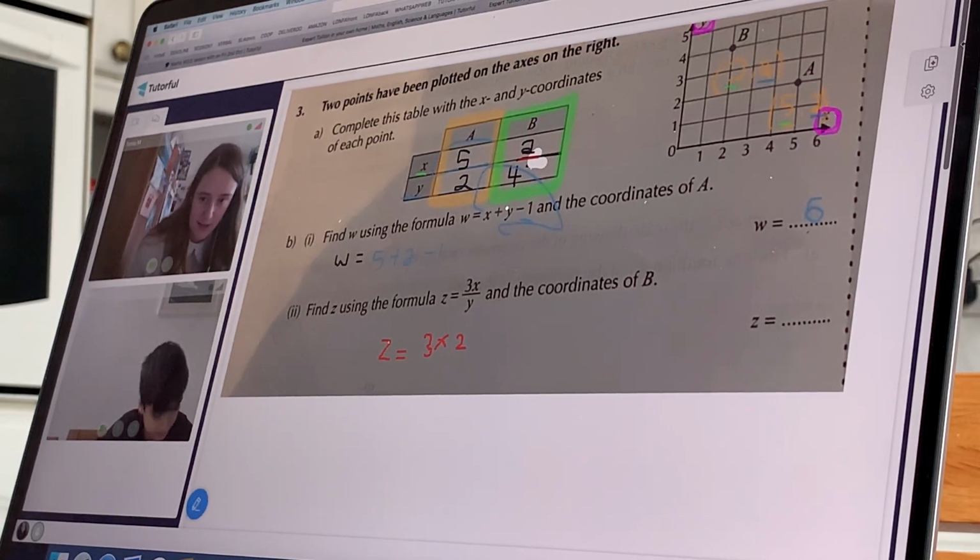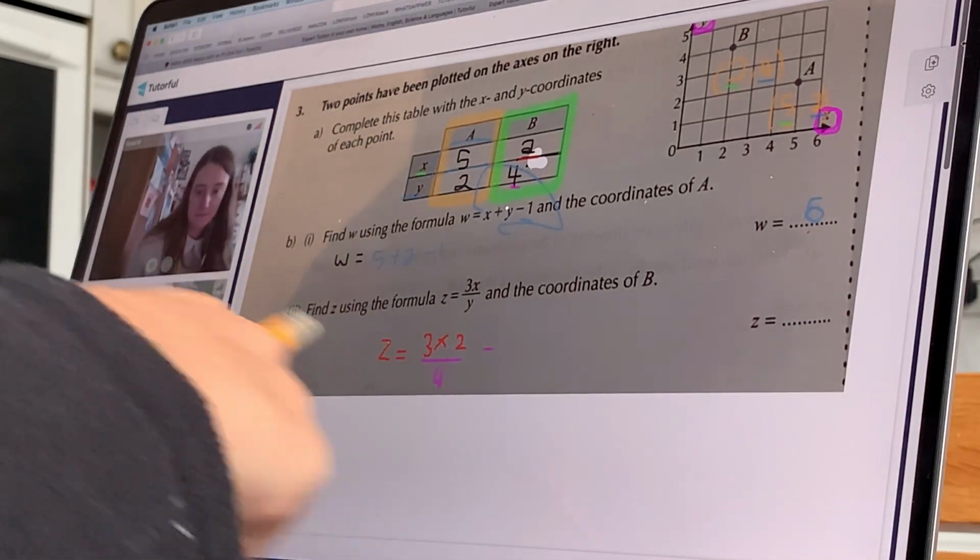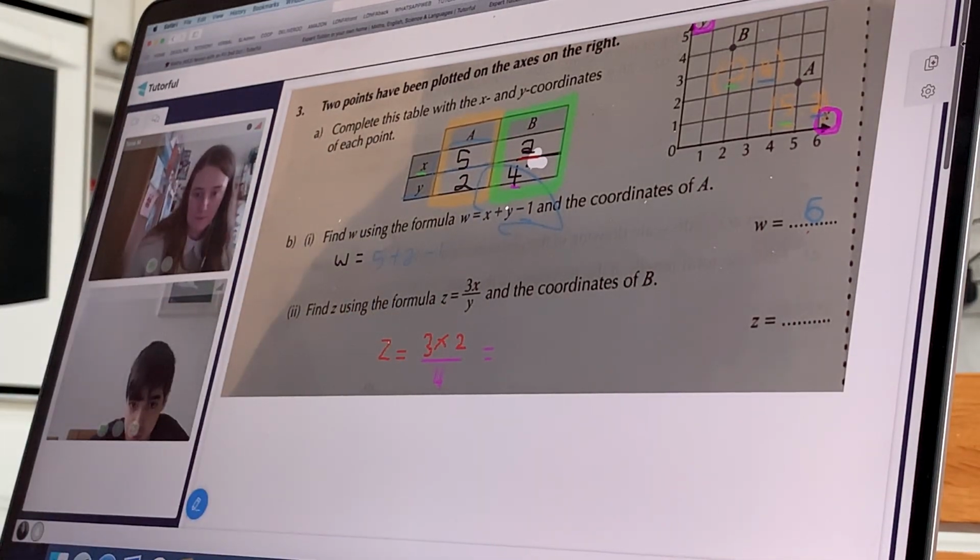And then we've got that divided by the y value, which is 4. So 3 times 2 is 6, divided by 4.